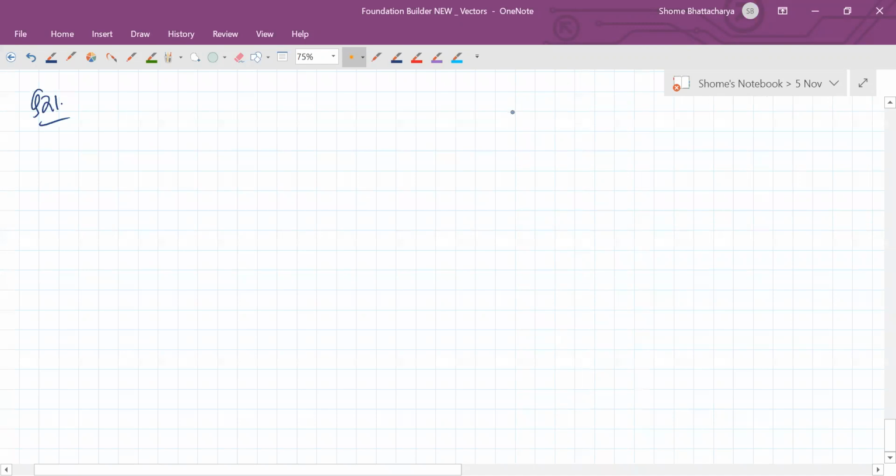So what is happening in this? So this is a direct question based on that projection concept that we had learned earlier. Okay. So you have to just execute that properly here. The method and formula I have given you. So this is vector A and vector B is 2i cap plus j cap plus 2k cap.